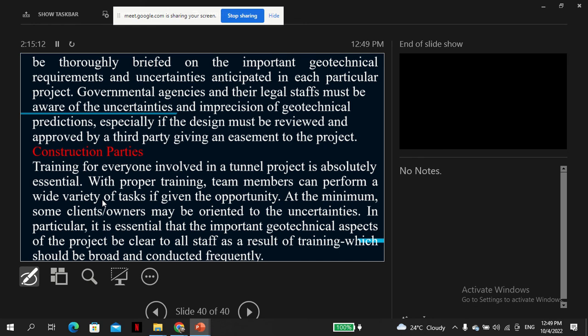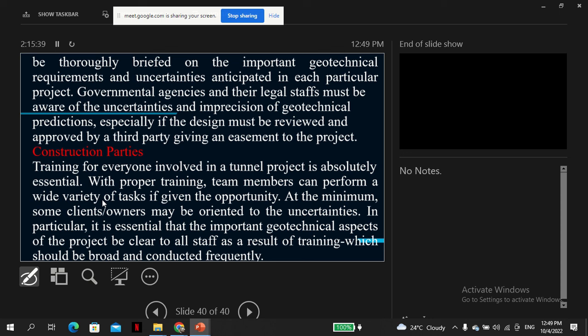Government agencies and their legal staffs must be aware of uncertainties and imprecision of geotechnical predictions, especially if the design must be reviewed and approved by a third party giving easement to the project. Finally, construction parties: training for everyone involved in a tunnel project is absolutely essential.